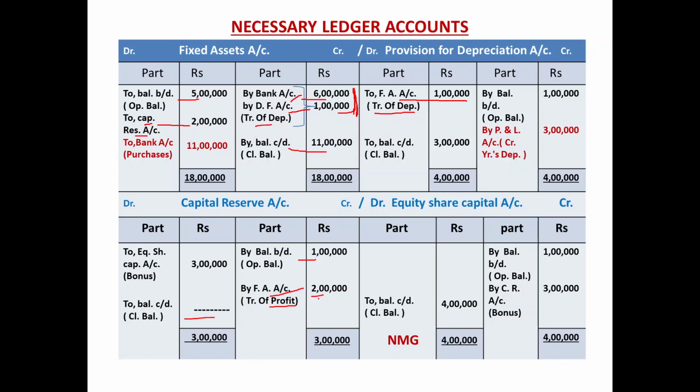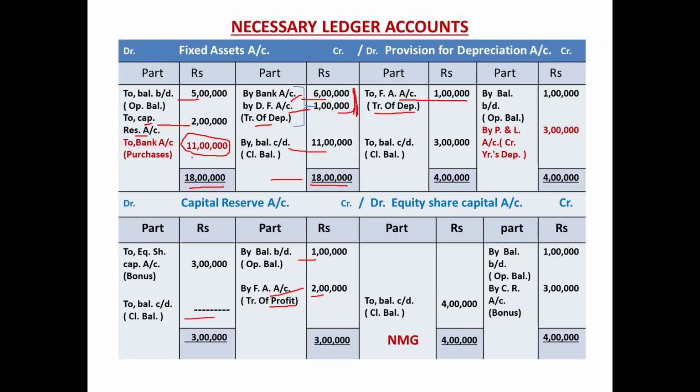Now let us close these three ledger accounts related with this transaction. Fixed assets account. Credit side looks bigger. Total of credit side 18 lakh. Put it on the debit side 18 lakhs. That gives a balancing figure of rupees 11 lakh on the debit side. What could it be? Apply the common accounting sense and knowledge.